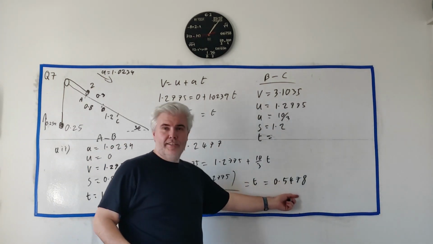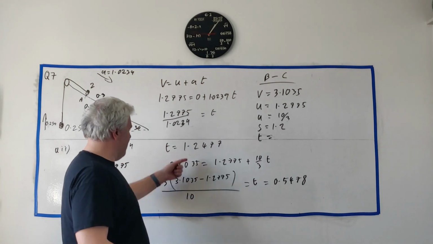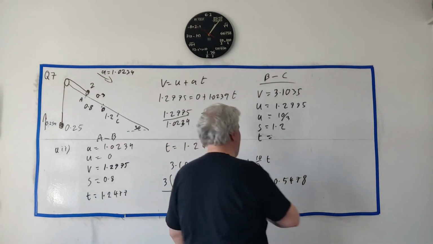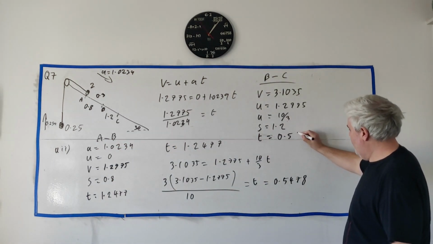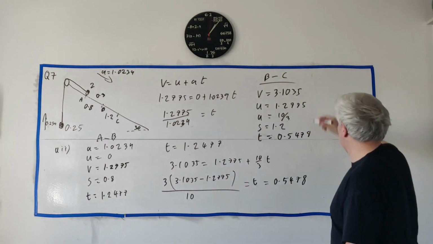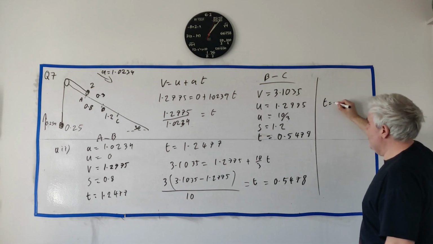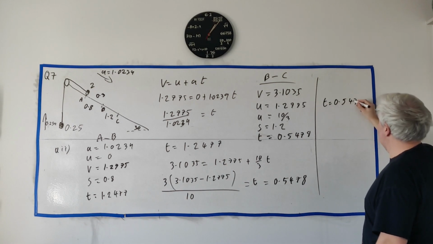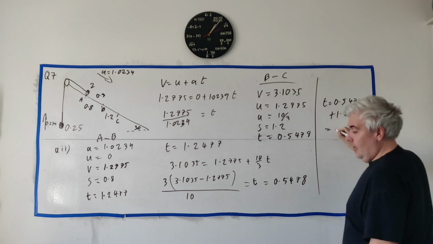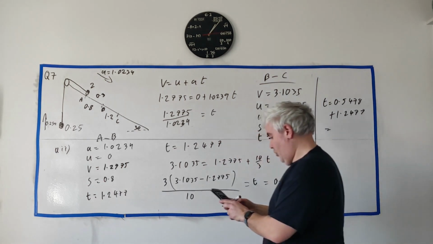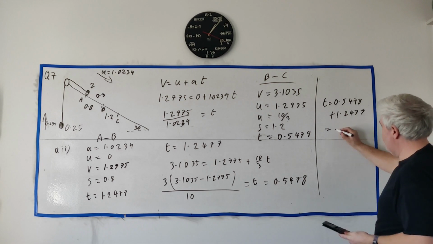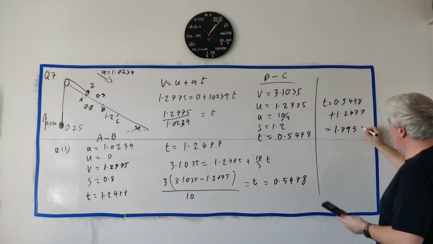That's the answer. It's actually different in the marking scheme. They get a different number than this, and that's just because they rounded off these numbers and the 2 mistakes added together a bit. Again, it won't matter. You'll see in a moment it won't matter. 0.5478. The answer they're looking for is these 2 numbers added together. So the final answer t is equal to 0.5478 plus 1.2477, and that is equal to 1.7955.